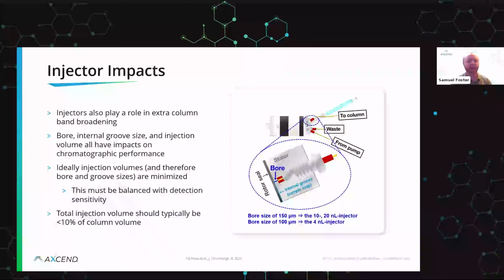There is also the potential when you're doing these injections, as we'll go over, to overload the column. In those cases, you'll see decreased peak shape or potentially breakthrough. And so we'll cover it there. But there are some further best practices you can do when trying to optimize your injection.